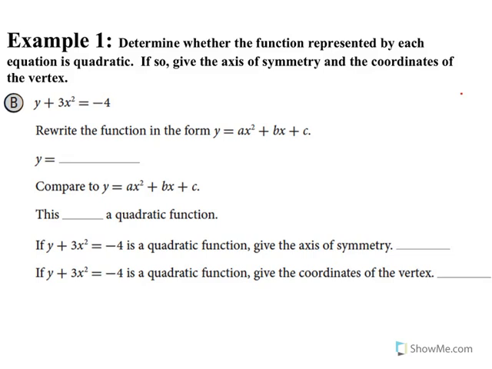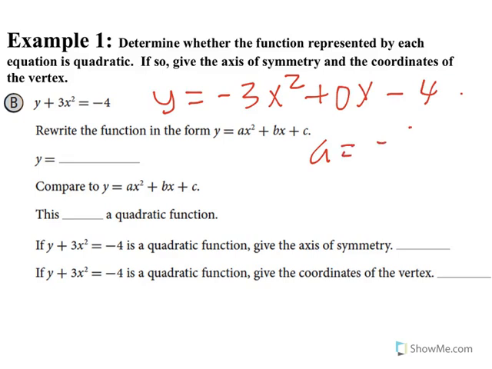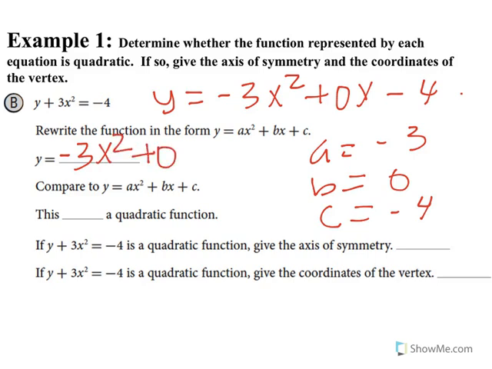We say that this is y equals negative 3x squared plus 0x minus 4. So our a is negative 3, b is 0, and c is negative 4. Rewrite the function in the form y equals ax squared plus bx plus c.